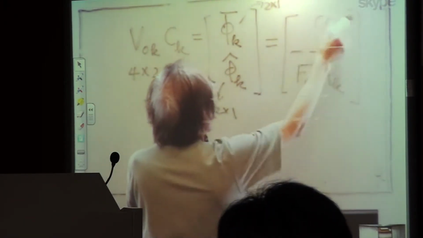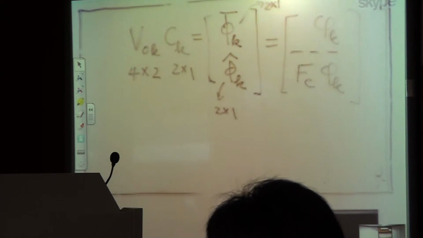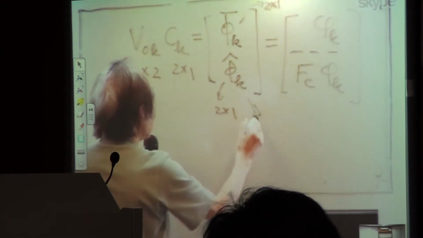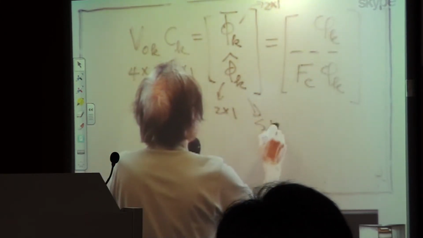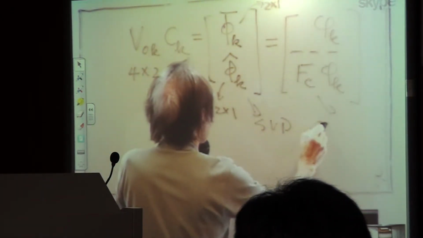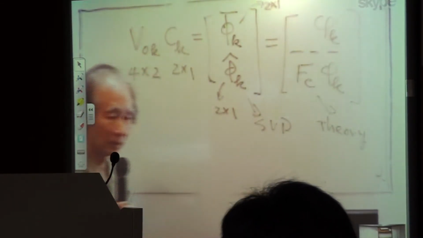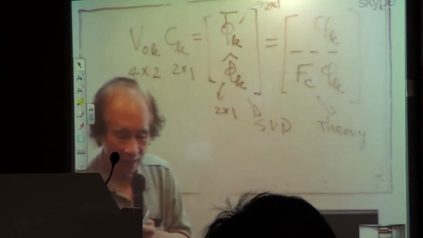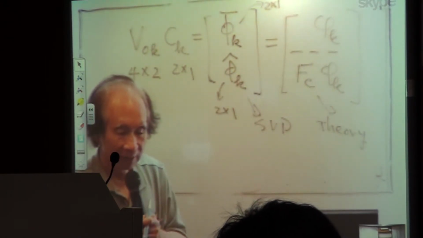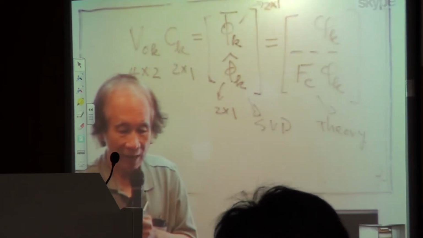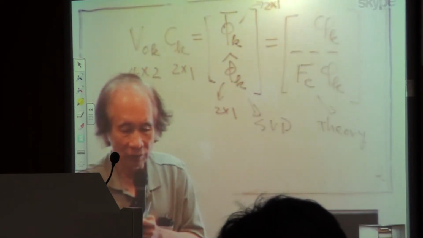This comes from the key equation I showed you, and this comes from singular value decomposition. This comes from SVD, and this comes from theory, right? So if I do this, then I will be able to write FC psi K equal to phi K hat, and psi K equal to phi K bar.